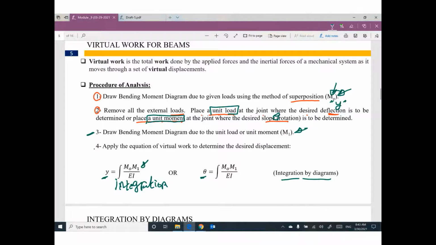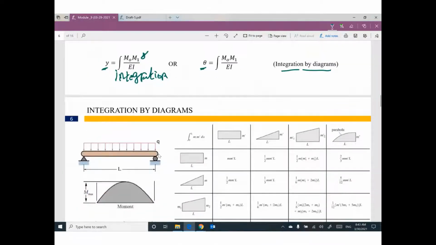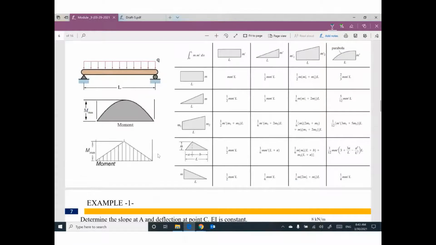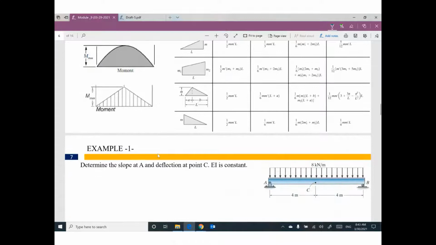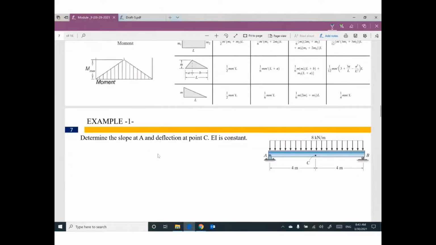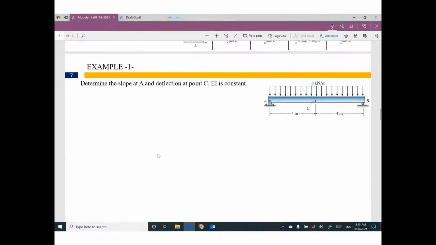Integration by diagrams, how can I do this integration? We are going to use this table, but looks like I confused you. Let's do an example and see what's going on.